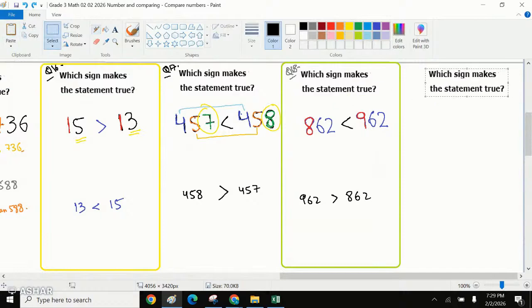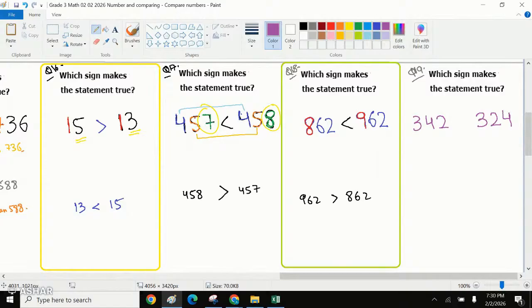Okay. The next question we have is question number 19. Let's see. Okay, the numbers given are 342 and 324. Okay, we can see the same digits, right?